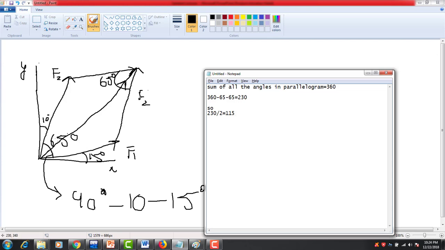So 360 is the whole angle of the parallelogram. 360 minus 65 is the angle of this and this also. Opposite angles are the same, so we divide 230 by 2, that is equal to 115.